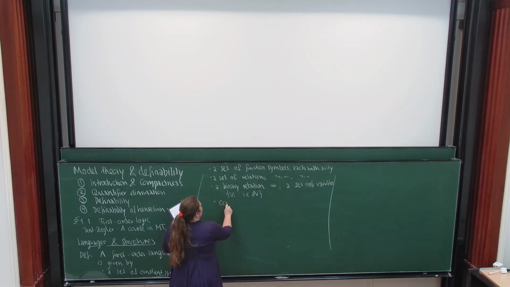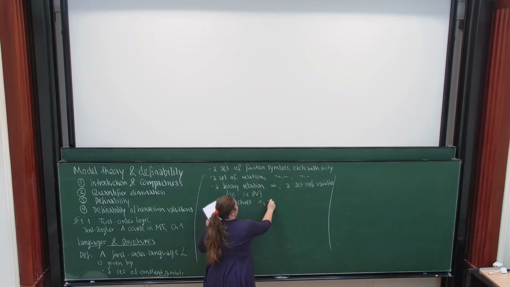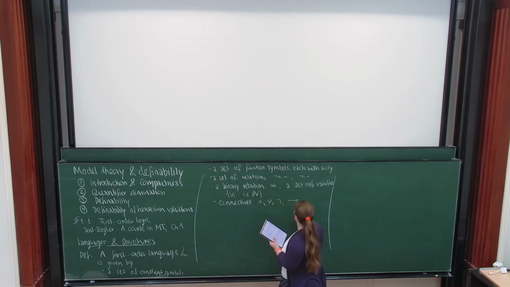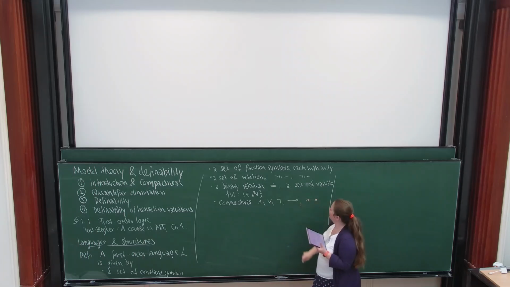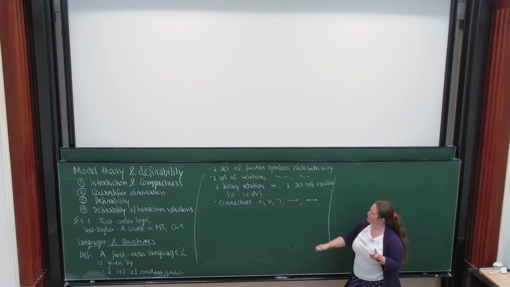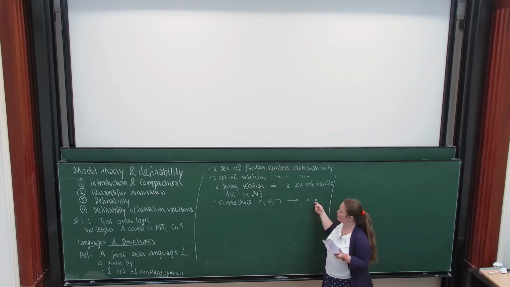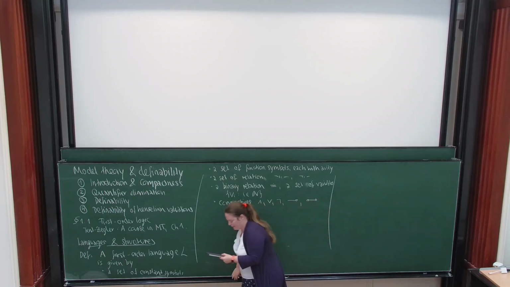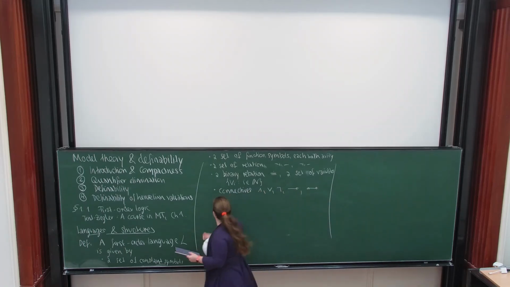Then connectives: and, or, not, implication, and if and only if. These four are binary connectives, this is a unary connective, and quantifiers.